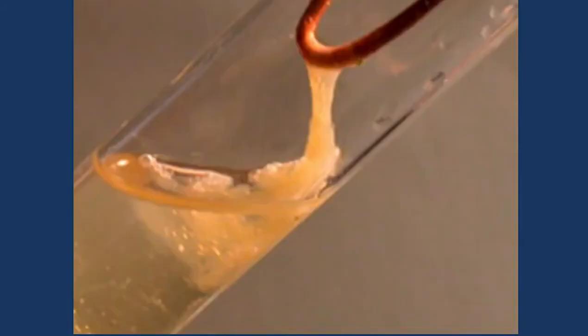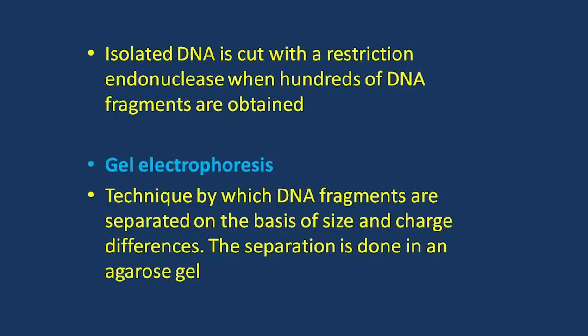In the picture you can see the isolated DNA. The isolated DNA is then cut with a restriction endonuclease when hundreds of DNA fragments are obtained. Then we separate the DNA fragments based on their size and charge differences using a technique called gel electrophoresis.